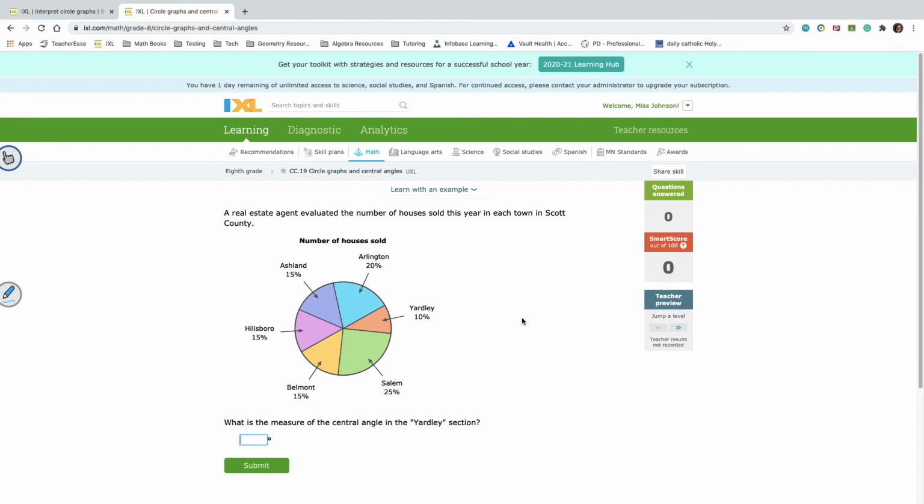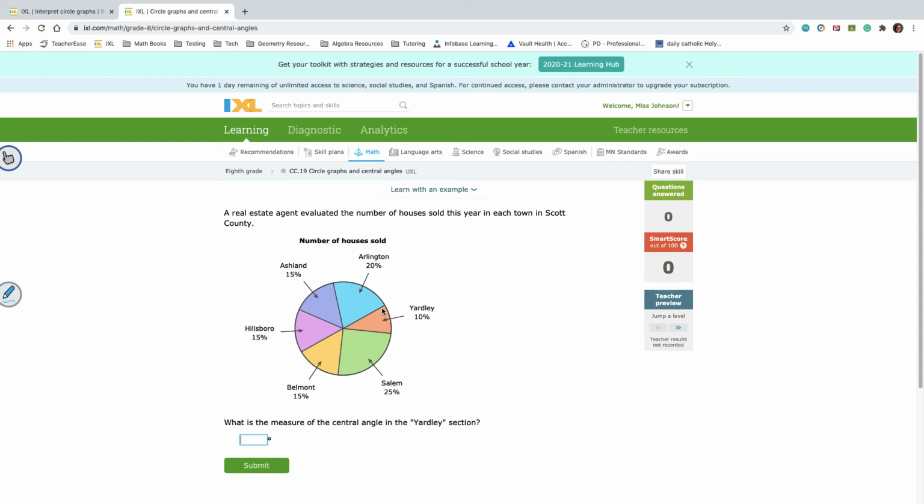Now let's look at the second one. A real estate agent evaluated the number of houses sold this year in each town in Scott County. What is the measure of the central angle in the Yardley section? We see that Yardley is 10%.